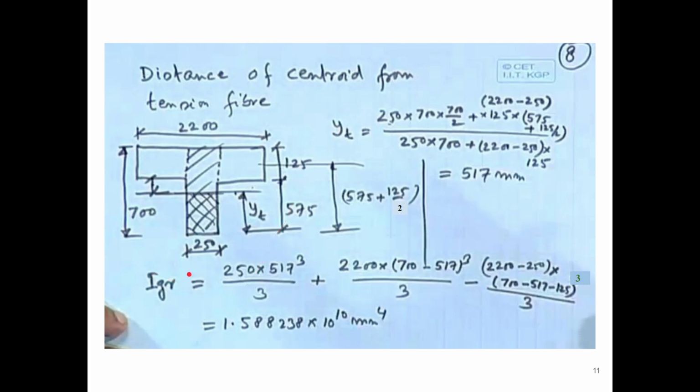And then we can calculate the gross moment of inertia, which is basically nothing but the total moment of inertia. That is simply the total gross area minus these two portions.